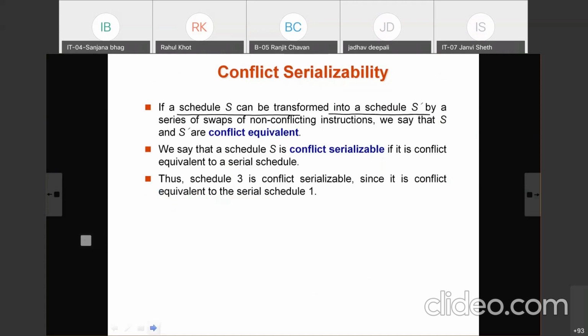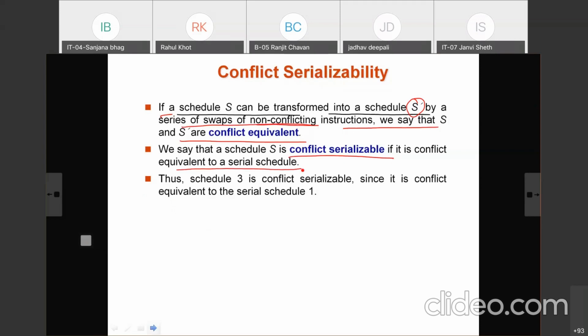If a schedule S can be transformed into a schedule S dash by a series of swaps of non-conflicting instructions, we say that S and S dash are conflict equivalent, and the schedule S is conflict serializable if it is equivalent to a serial schedule.